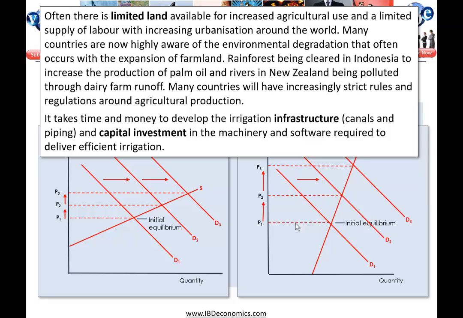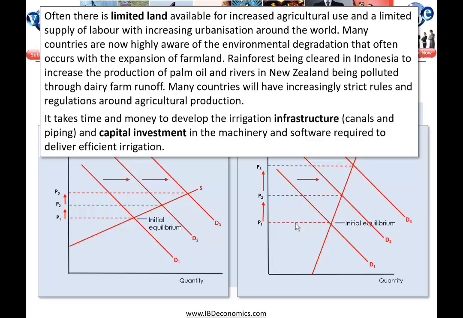Often there's also limited land available for increased agricultural use and a limited supply of labour with increasing urbanisation around the world. Many countries are now highly aware of environmental degradation that often occurs with the expansion of farmland. Take, for example, rainforests being cleared in Indonesia to increase the production of palm oil, and rivers in New Zealand being polluted through dairy farm runoff, our dirty cows. Many countries will have increasingly strict rules and regulations around agricultural production.